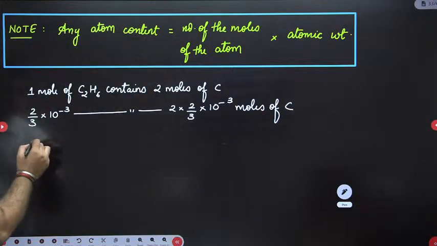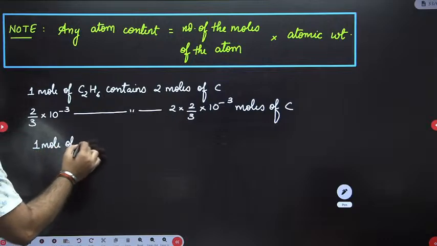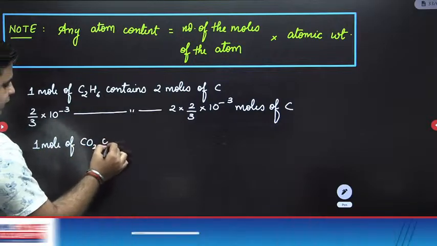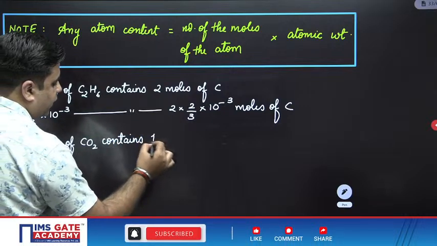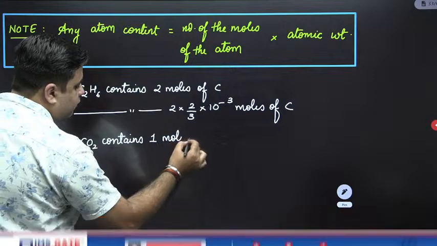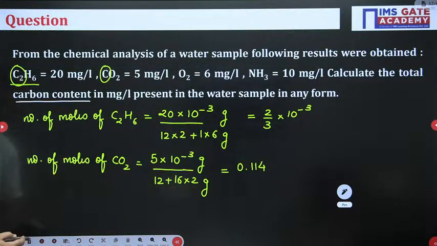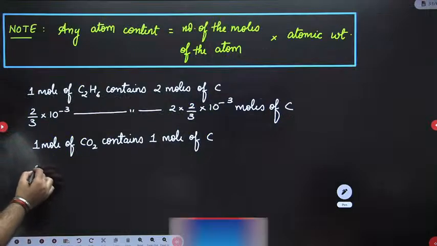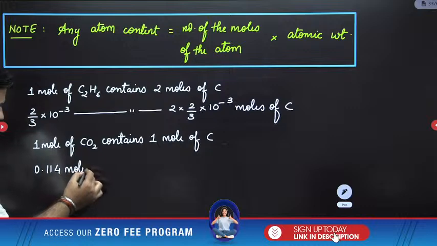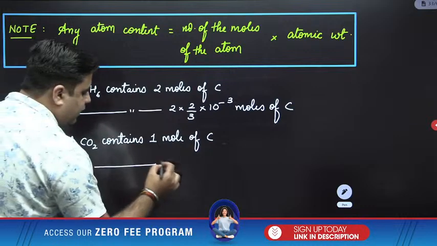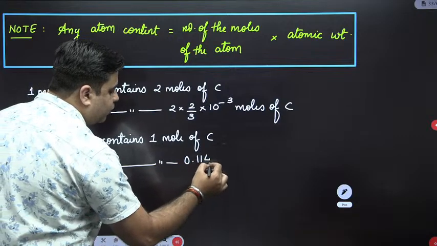Similarly, 1 mole of CO2 contains 1 mole of carbon. So 0.114 moles of CO2 will contain 0.114 moles of carbon.